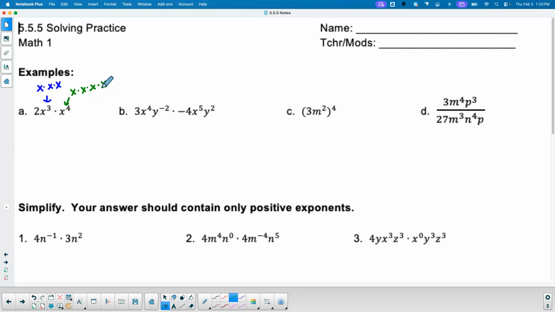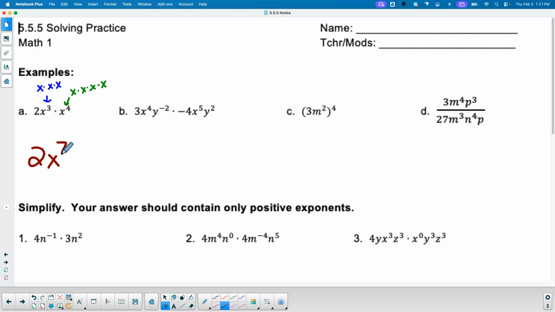Okay? So this answer here would be 2 times x to the 7th power. So when we have the same base, we just add the exponents on them. If there is no exponent, but there's a variable, we assume that that exponent then is 1. There's only one of those. Okay?